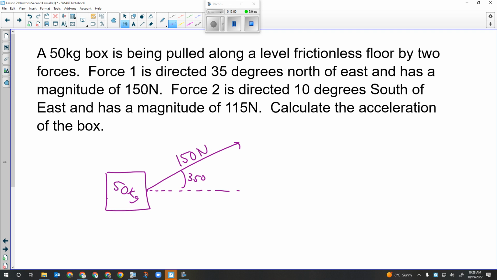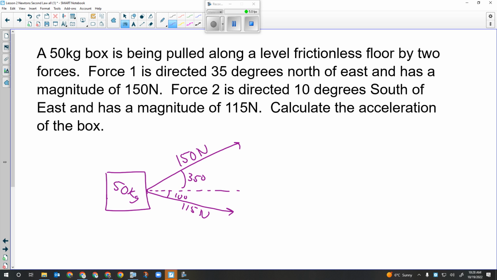And then I would have force 2, which is 10 degrees south of east, 115 newtons. So that's a pretty narrow triangle. Okay, there's my free body diagram.